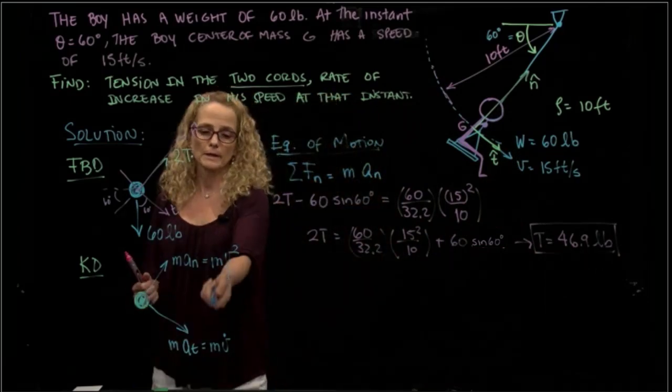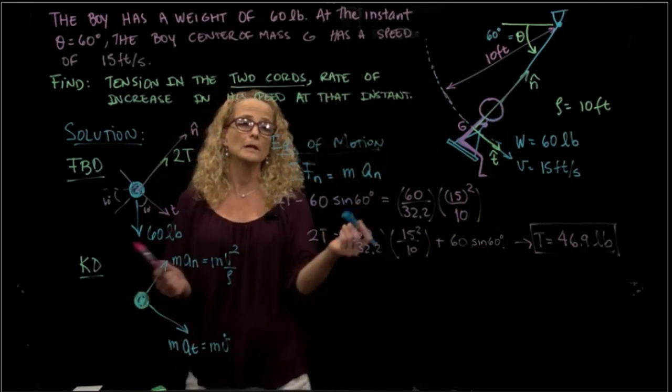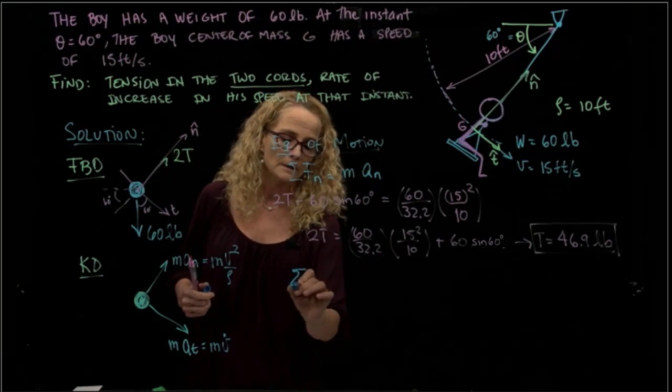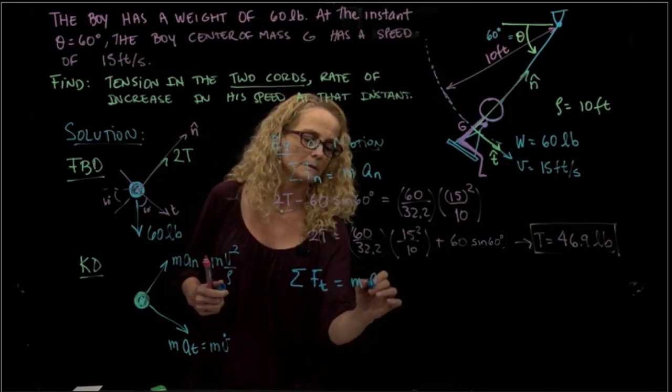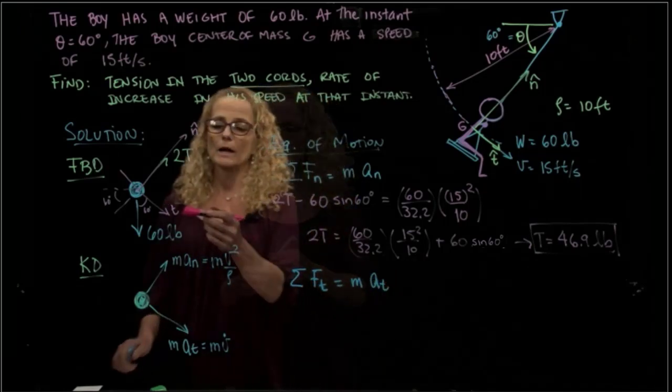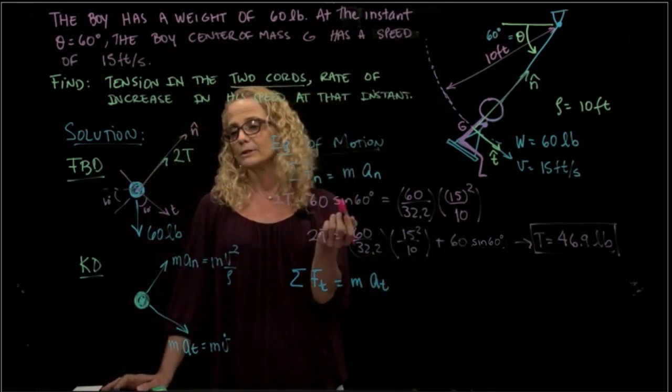For the rate of change of velocity, now we add the forces in the tangential direction, and that equals mass times tangential acceleration. What do we have in the tangential direction?